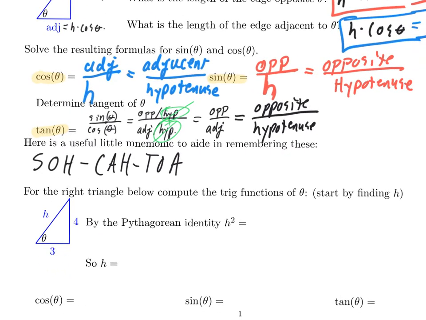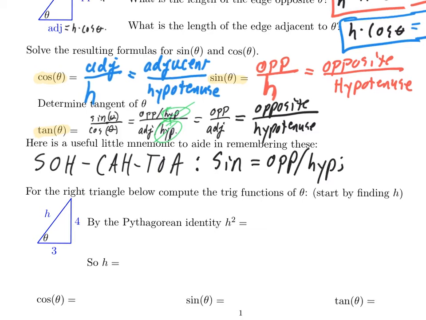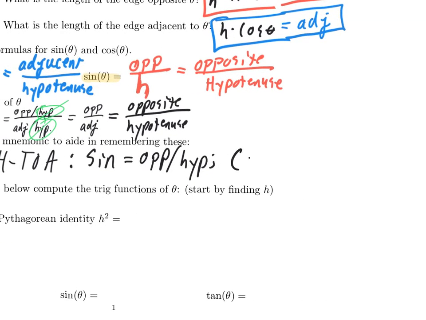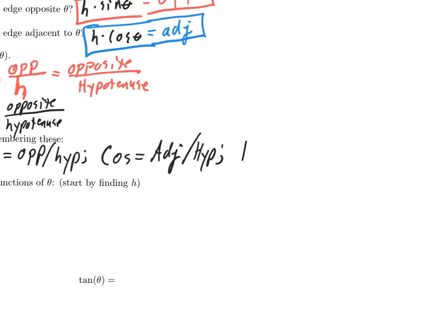So that mnemonic is just saying sine is equal to the opposite divided by the hypotenuse. Cosine, ka, is equal to the adjacent divided by the hypotenuse. Toa, tangent, is equal to oa, opposite, divided by the adjacent side.